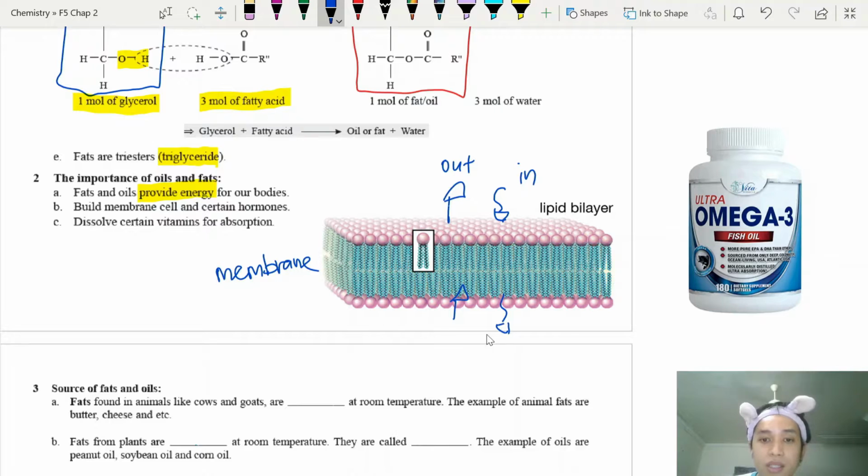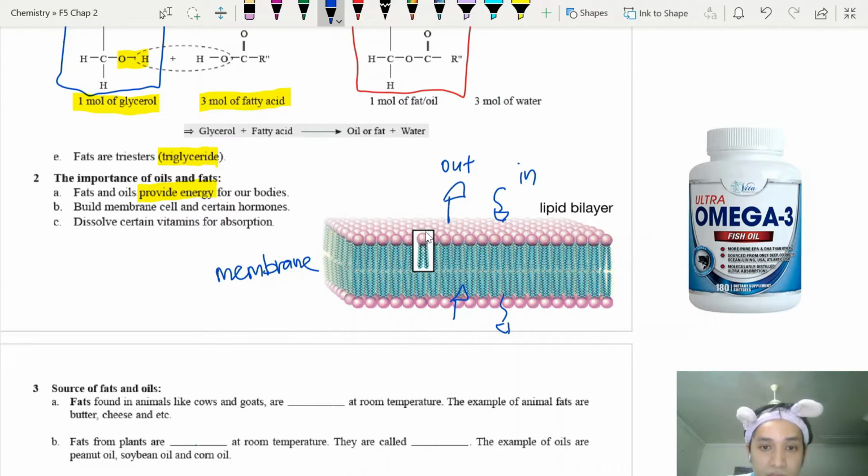So it's a very important barrier in our body. We need the membrane to control the substances coming in and out of our cells. The structure of the membrane is actually built from fats.